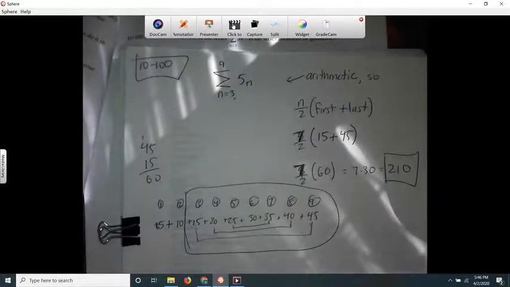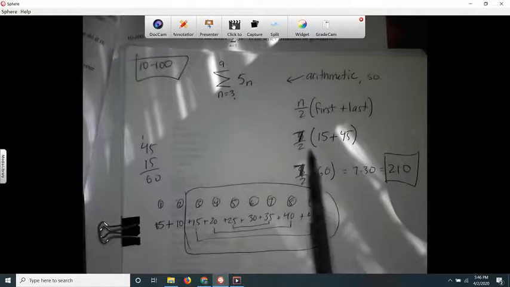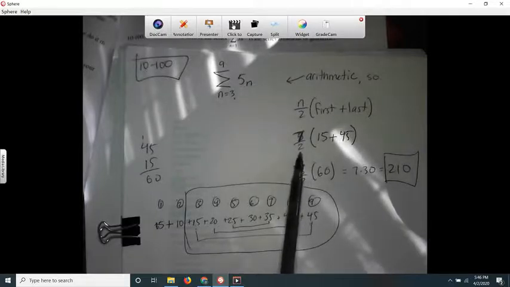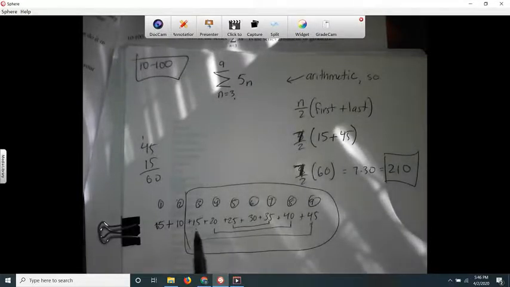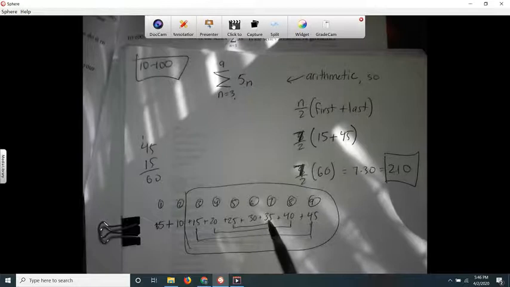So you just have to pay attention to how many terms there are going to be. And then if I go 7 over 2, that gives me how many pairs. Each pair adds up to 60. 45 plus 15, that's 60. 20 plus 40, that's 60. 25 plus 35, that's 60.